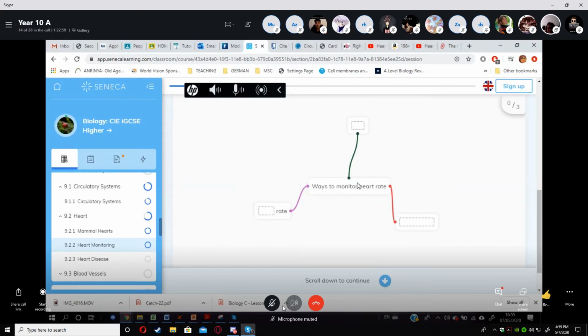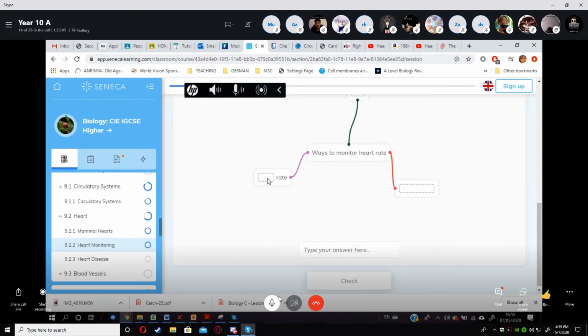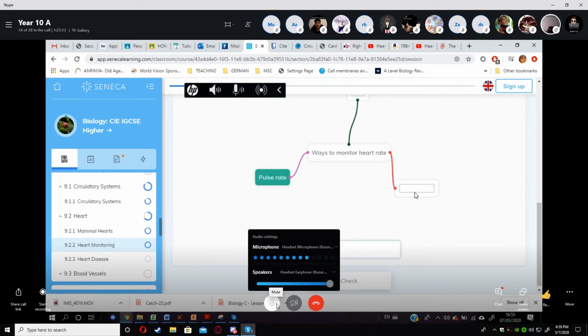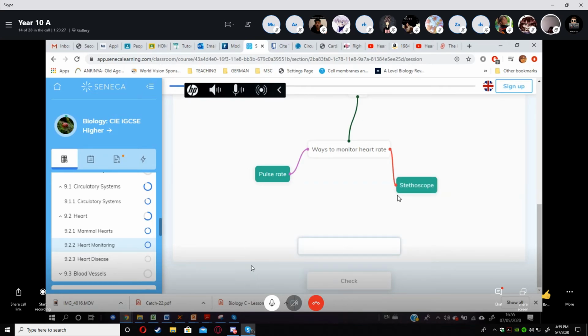So, what are the ways to monitor heart rate? Pulse rate. What did we see? Stethoscope, of course. And what else?